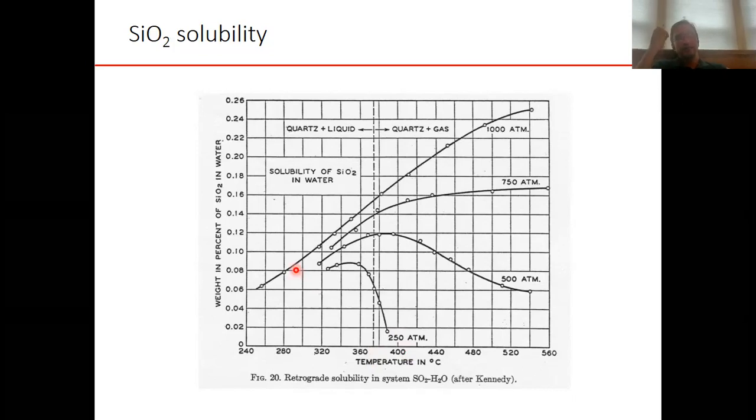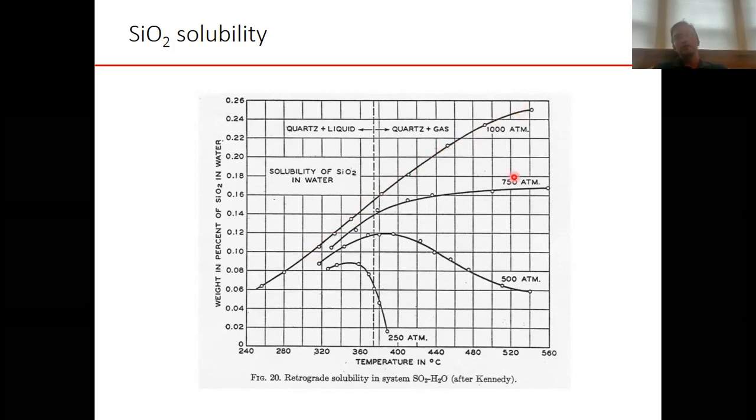So you see here that at 1,000 atmospheres of pressure, the solubility of my silicon dioxide increases the further I increase the temperature. So even if I am in the supercritical region, my solubility further increases. And because my solubility is the highest, my quartz growth rate is the highest.